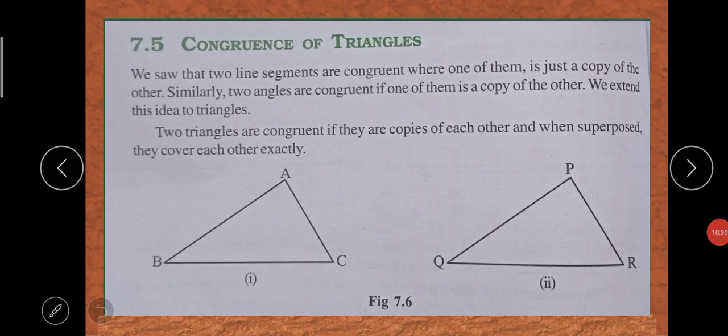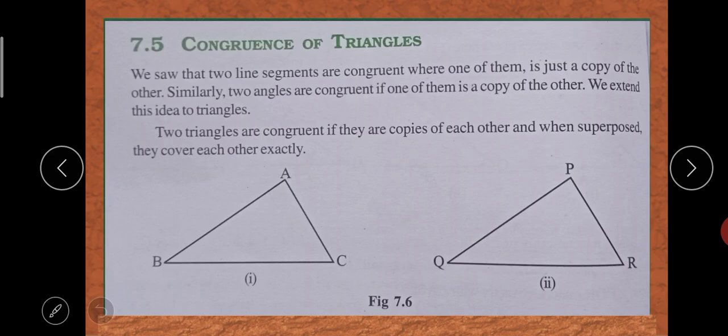Congruence of triangles. Now see, we saw that two line segments are congruent where one of them is just a copy of the other. Similarly, two angles are congruent if one of them is a copy of the other. That means their measurement will be the same. Then we say they are congruent. We extend this idea to triangles.